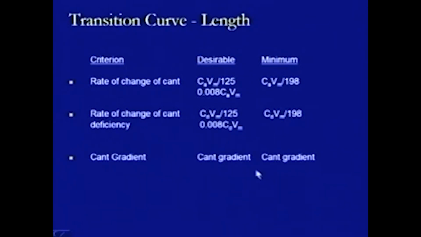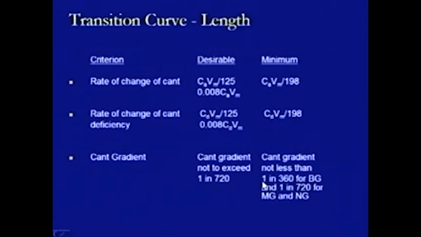Then the other one is the cant gradient. The cant gradient should not exceed 1 in 720 desirably, and at the minimum level it can go to a value of 1 in 360. But the cant gradient cannot be less than 1 in 360 for broad gauge, while in the case of meter gauge and narrow gauge, the minimum value remains the same as the desirable value, that is 1 in 720.